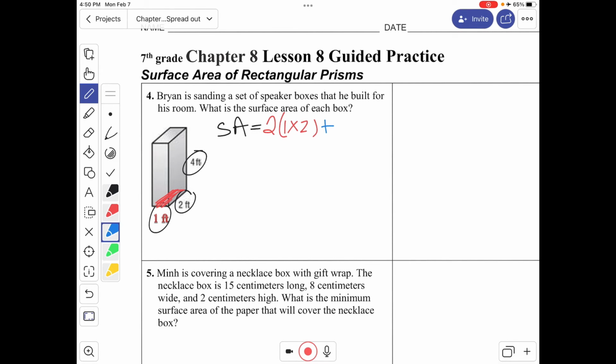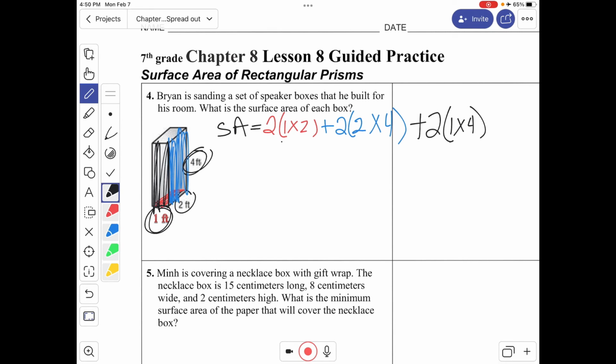If they give you a picture, you can see just a little bit what the dimensions are, what each side is. The side on the right here would be 2 times 4, and on the other side would be the same thing, so times 2, plus this one here, 2 times 1 times 4.